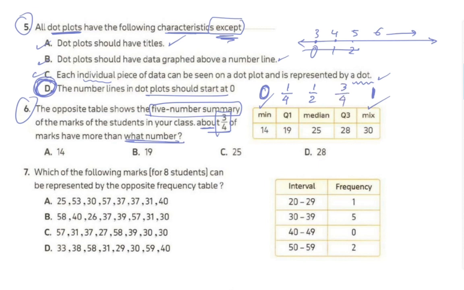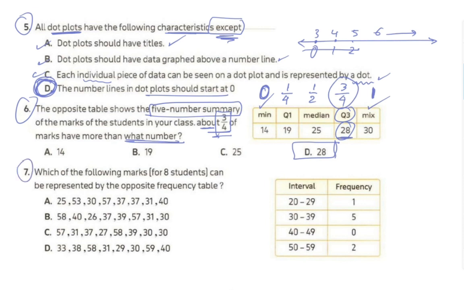That's easy. So I have 0, a quarter, half, 3/4, and 1 as maximum. He asked us about 3/4, and 3/4, as Q3, is 28. So 3/4 of marks are more than 28.